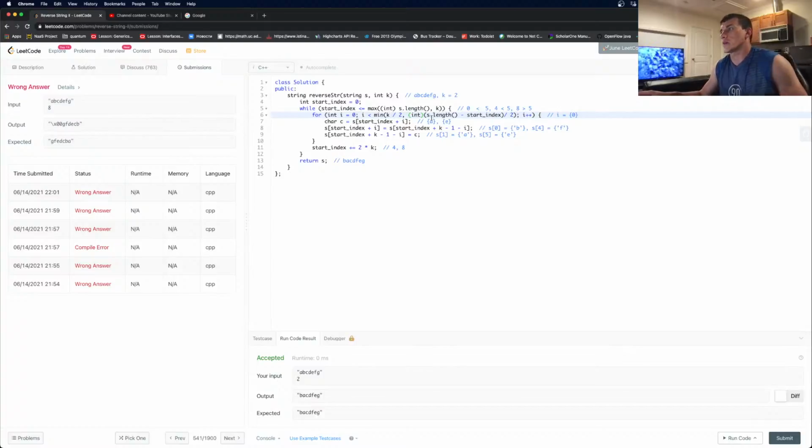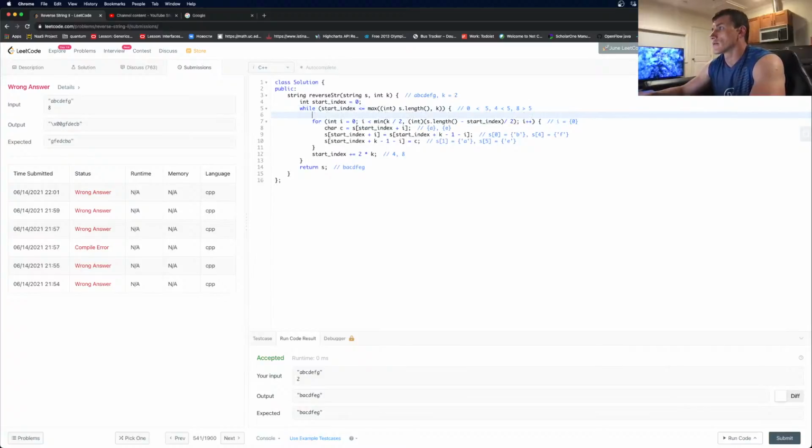So s length is what? 7. Start index is 0. Alright. Yeah, it's straightforward.